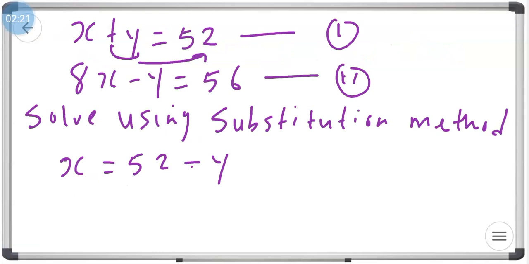Now we can substitute x equals 52 minus y into equation 2.